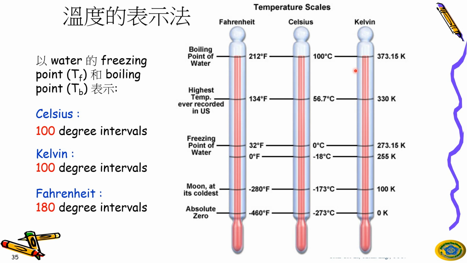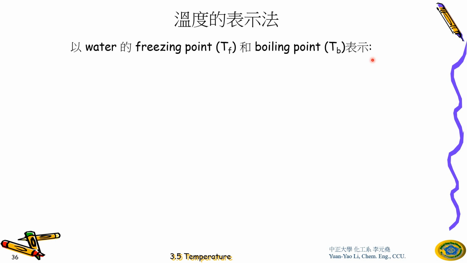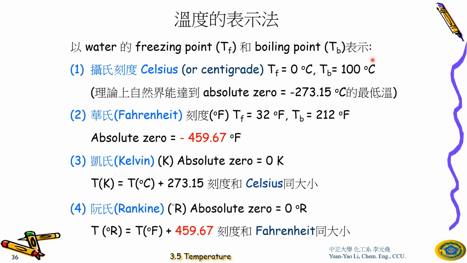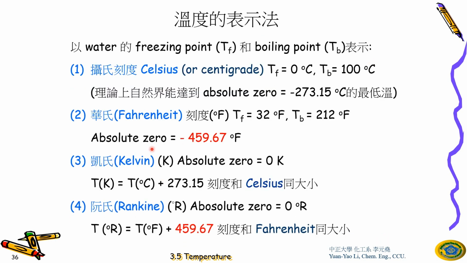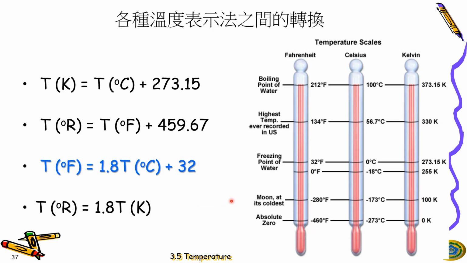So how do you convert from Celsius to Fahrenheit? How do you convert Celsius to Kelvin? Conversion factor, right? What I want to tell you is that there's another one called Rankine. We don't use this often, so just for your information. You don't need to care about this too much.